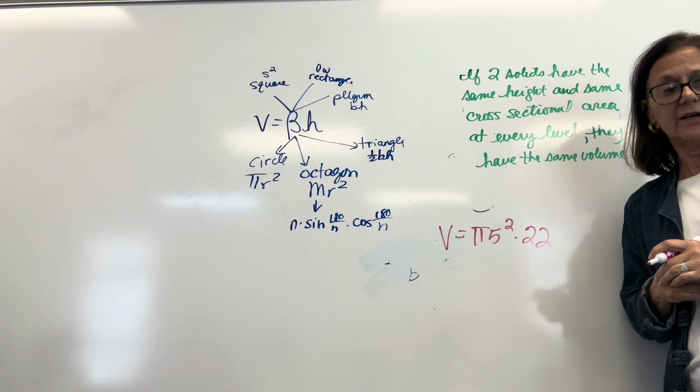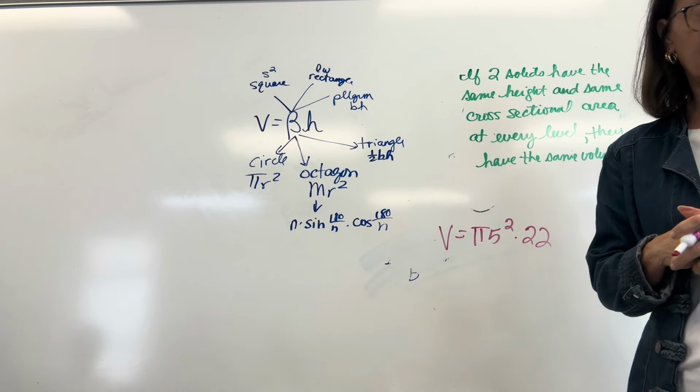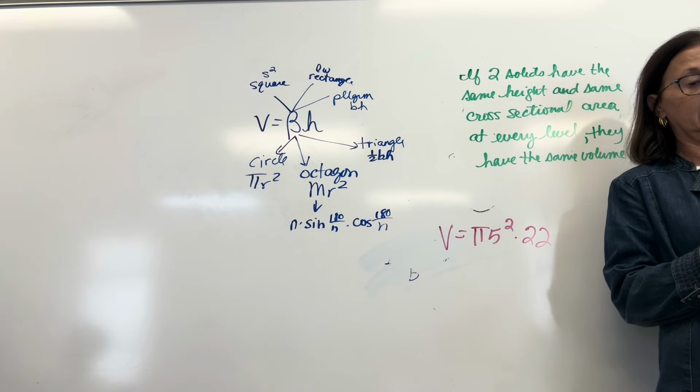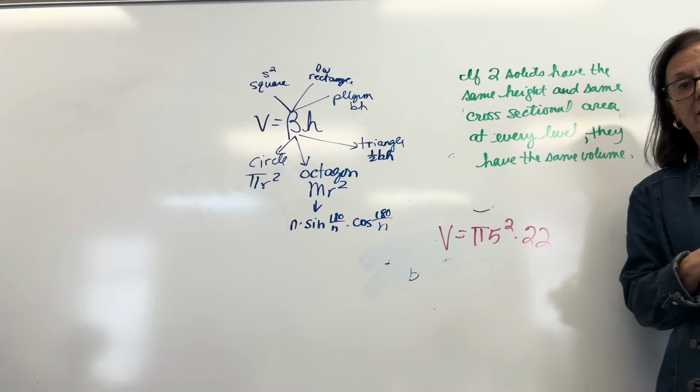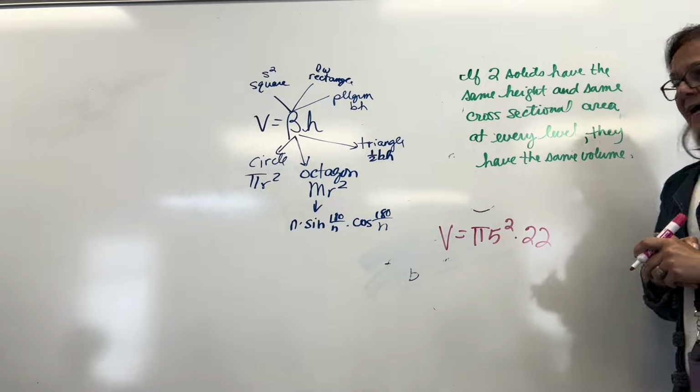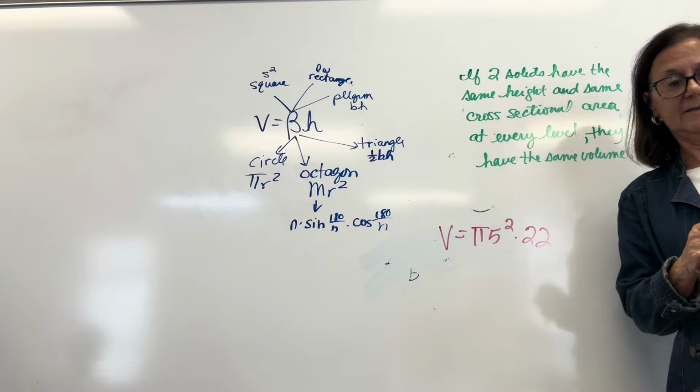What do you get in your calculators with that? Leave pi as pi, ladies and gentlemen. Your calculator will leave pi as pi. How do I leave pi on my calculator?